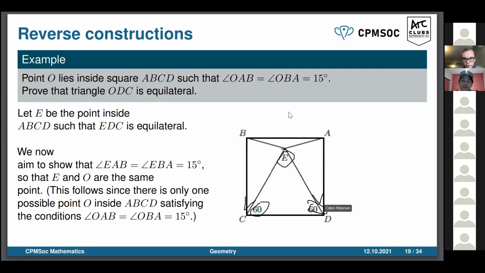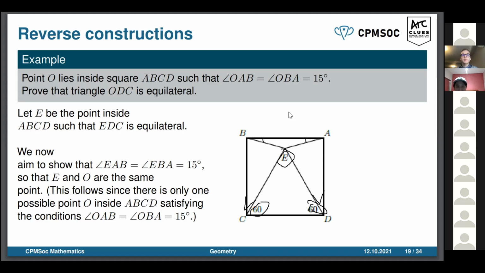And if we angle chase around a little bit, we can see that this up here is determined by this EBA and EAB. These angles are determined by the fact that this is equilateral, and they have to be 15 degrees.